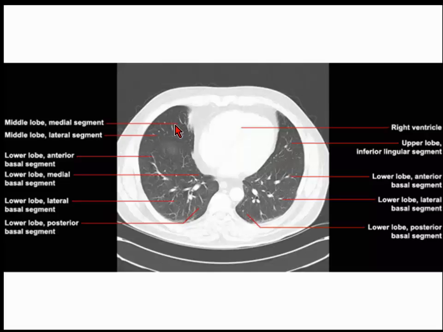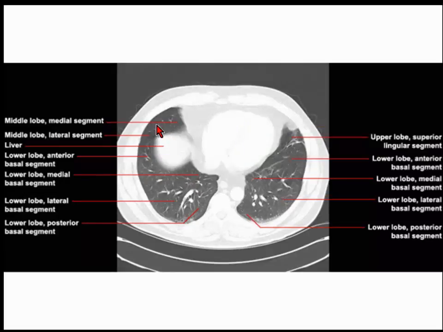This is the medial segment. And the anterior basal, lateral basal, and medial basal. So again, medial, lateral, and anterior basal; medial basal, lateral basal, and posterior basal. Same, posterior basal, lateral basal, medial basal, and anterior basal.